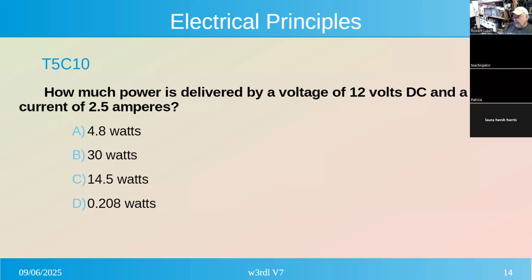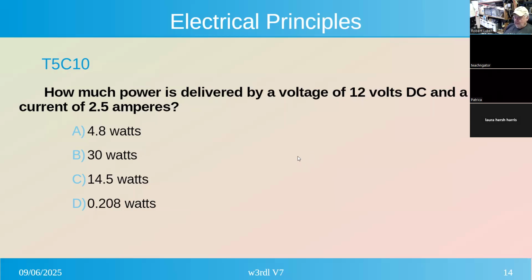I'm trying to figure out where E over I comes from. You might be thinking of Ohm's law. Ohm's law: resistance is equal to E over I. So power is I over E?